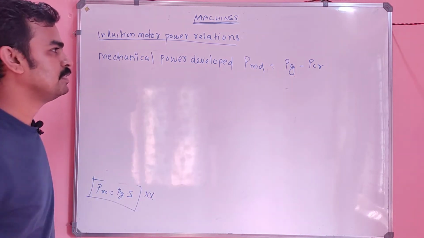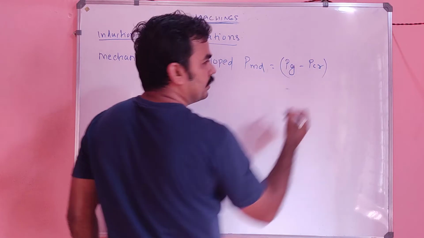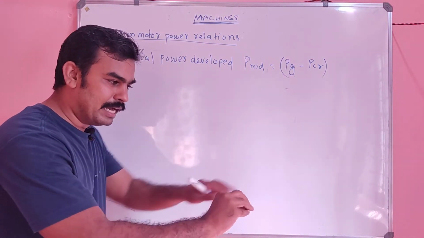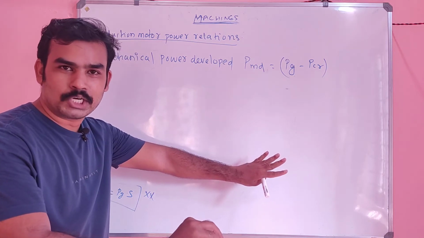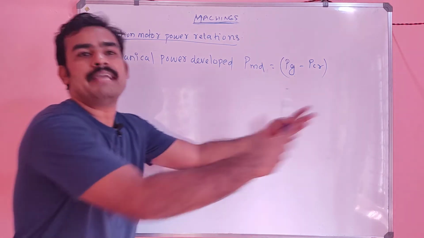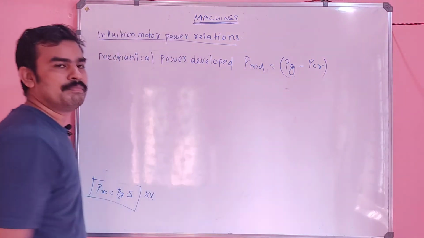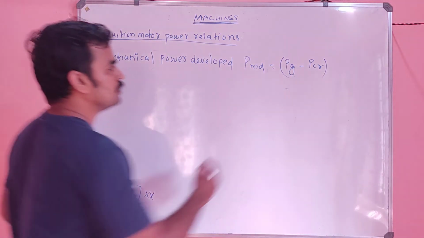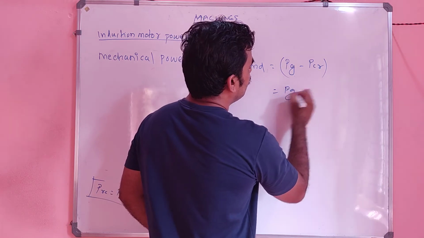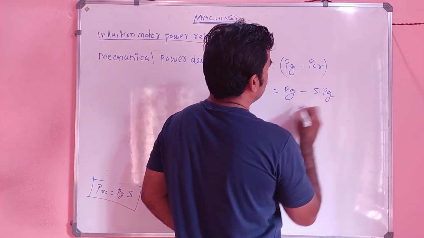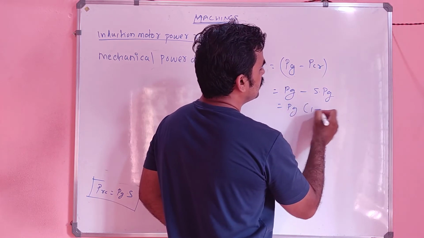It is a developed power, correct? You are giving certain input to the rotor and a part will be wasted as rotor copper loss. So the remaining will be the developed power. So the input power minus rotor copper loss will give you the mechanical power developed. Or simply it is equal to PG minus PRC. What is PRC in terms of PG? It will be S into PG. So it will be PG into (1 minus S).